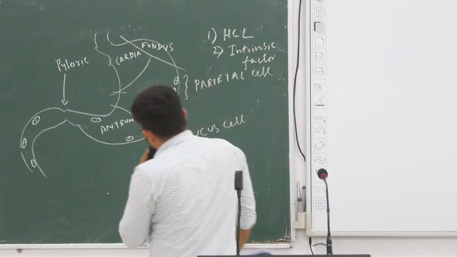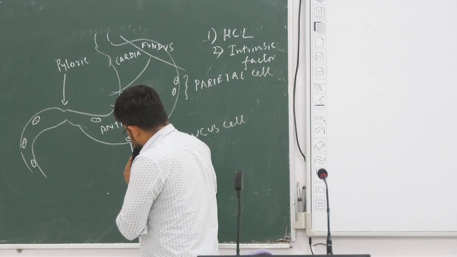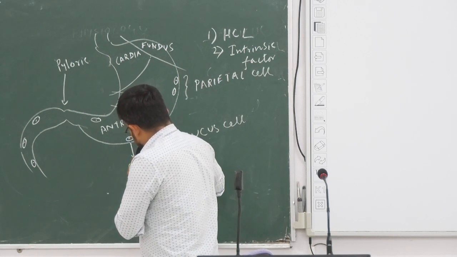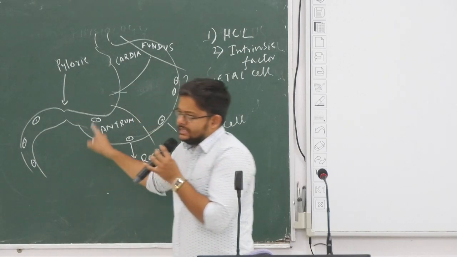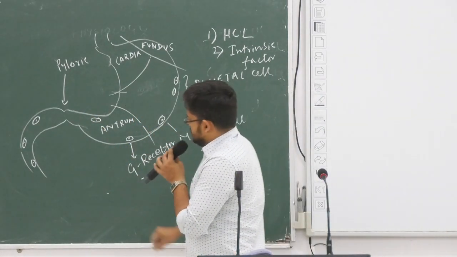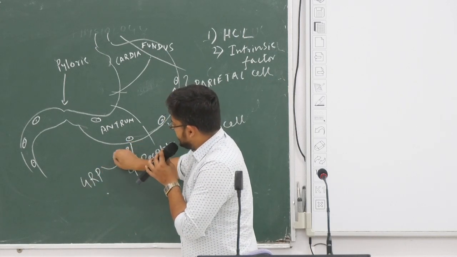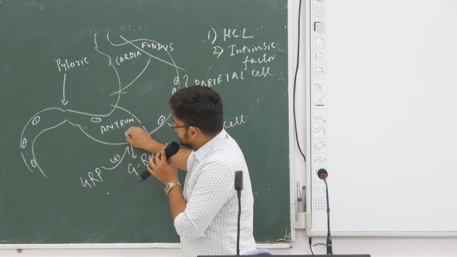এরপরে যেটা আসছে, gastrin receptors which are present over there. So when GRP, gastrin releasing peptide, acts on them, it secretes gastrin.